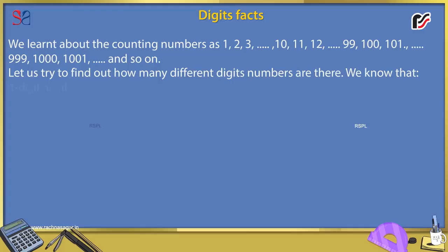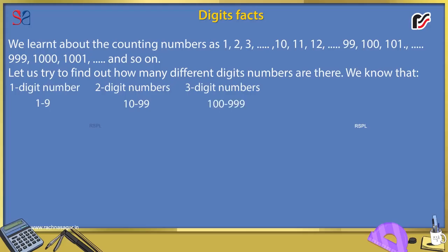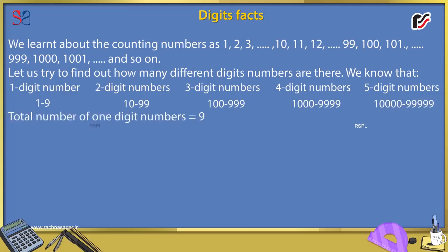We know that 1-digit numbers are 1 to 9, 2-digit numbers 10 to 99, 3-digit numbers 100 to 999, 4-digit numbers 1000 to 9999, 5-digit numbers 10,000 to 99,999. Total number of 1-digit numbers is equal to 9.